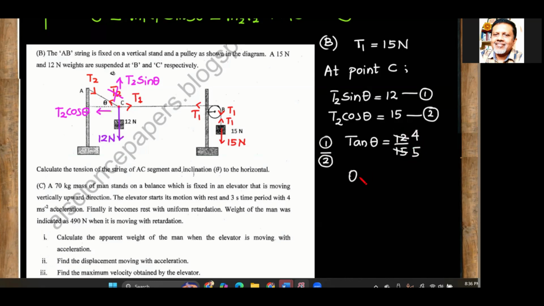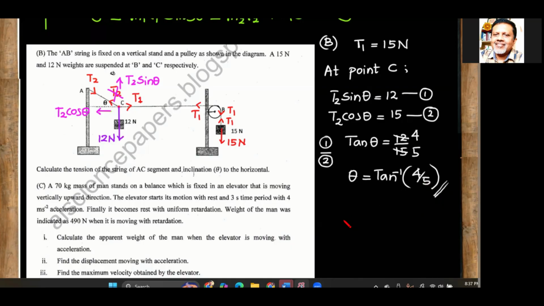So theta is actually given by tan inverse 4 divided by 5. And if you use the logbook, actually we can find the value of theta. But for a question like here, I think the direction theta is given by tan inverse 4 by 5 is enough, right?